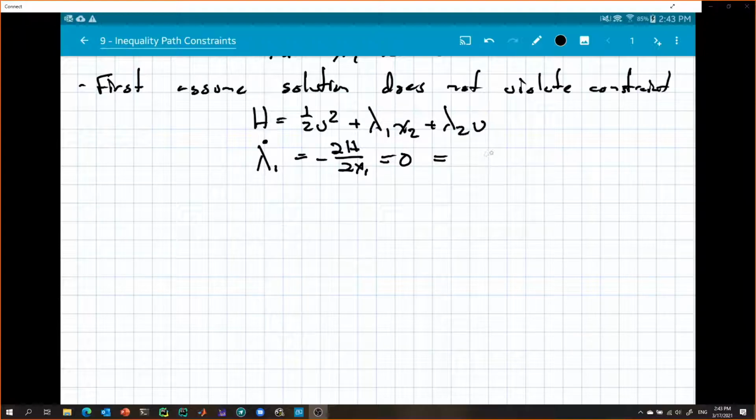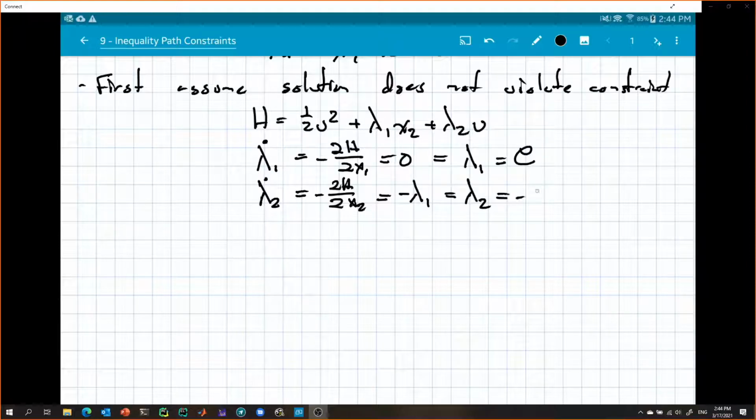So the first costate's derivative is equal to 0, so that means the costate is constant. And then we have the second costate rate, so lambda 2 is equal to negative ct plus d.